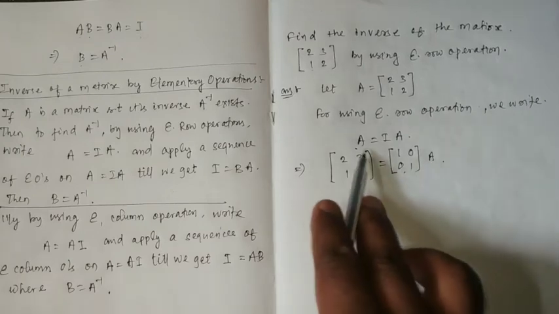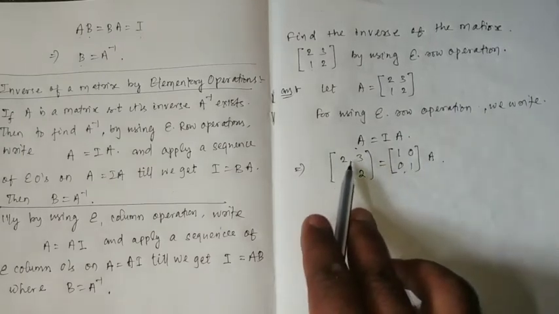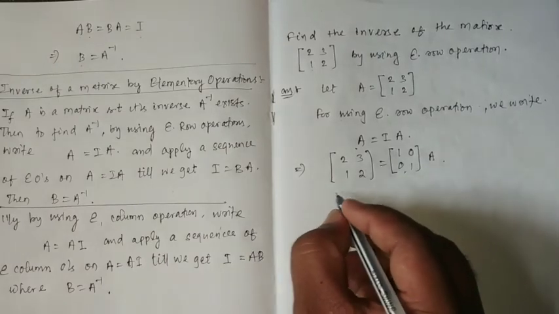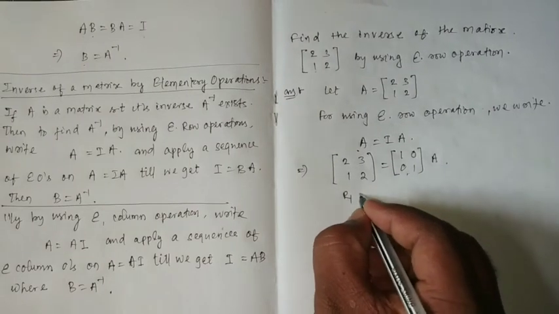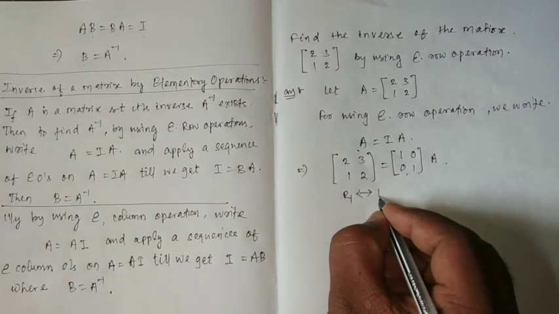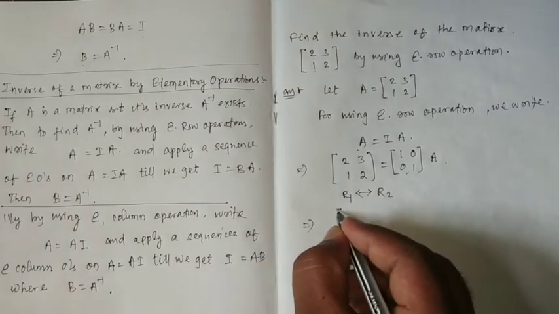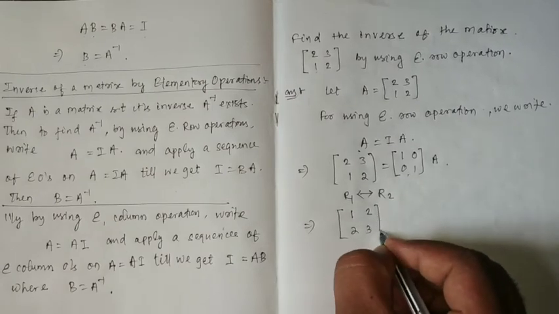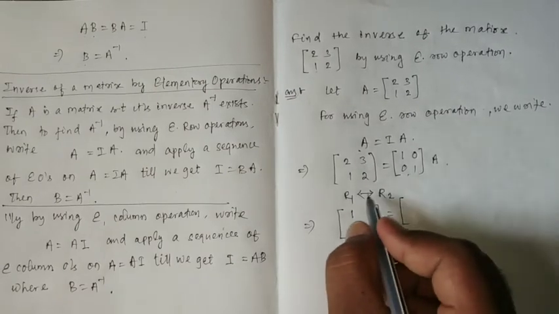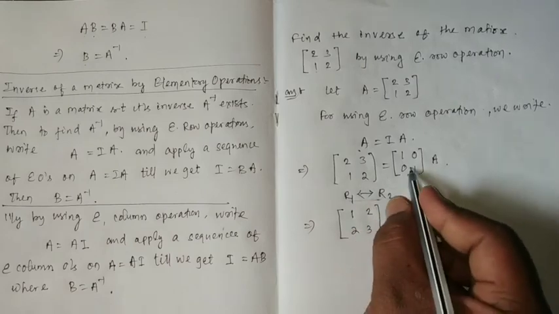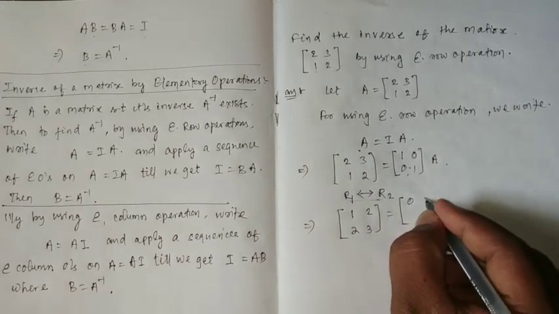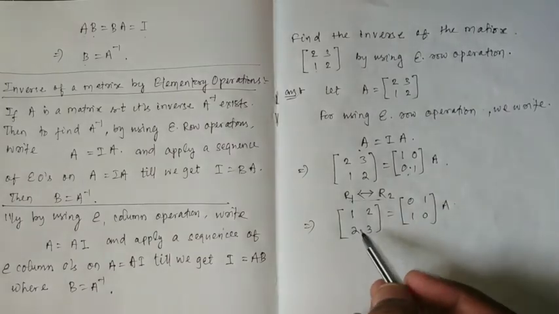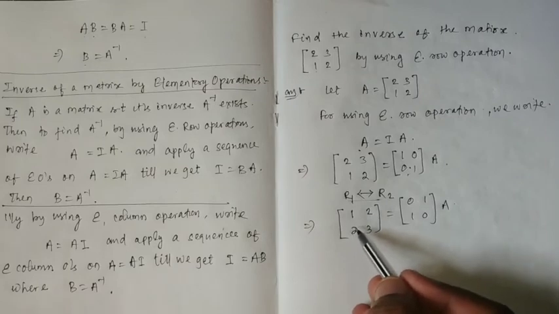Using R1 replaced by R2, we get 1 2 and 2 3. Similarly, in the identity matrix we get 0 1 1 0, and A remains. Now we have to convert this 2 into 0.